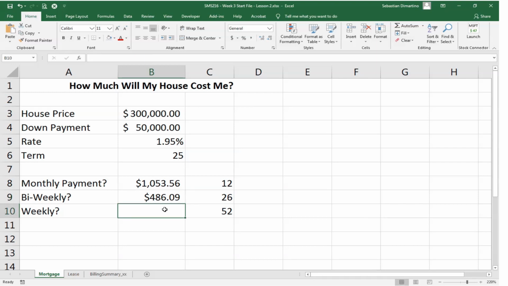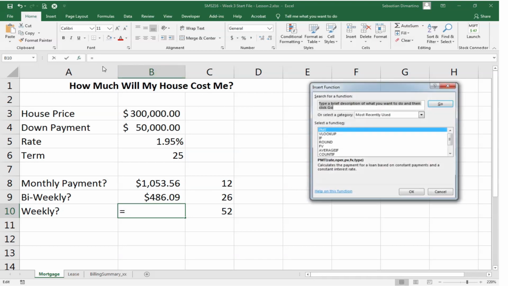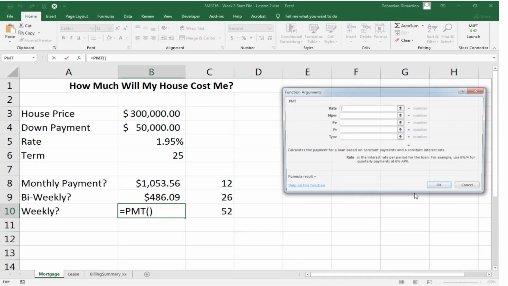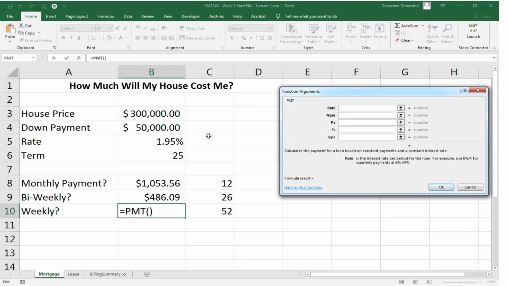Okay. And then for weekly here, we're going to go back, PMT, and make sure it's good. Excellent. So same process. Rate, this time divided by 52, right? Because there's 52 payments every year. And we click on the term. We need to multiply it by 52.